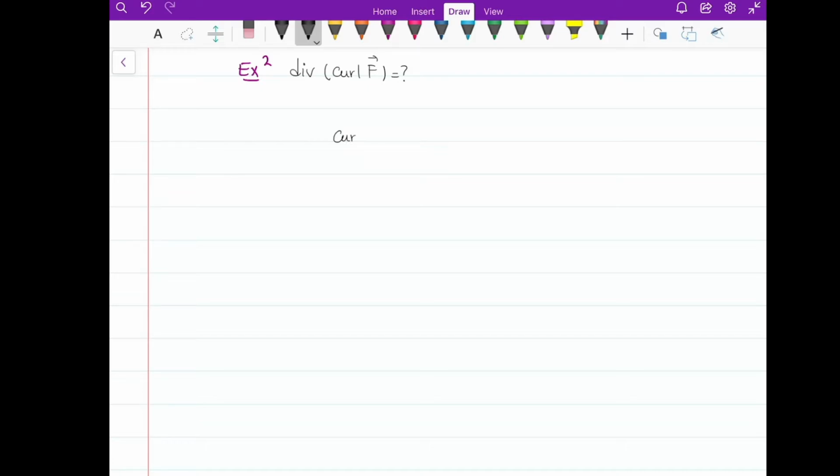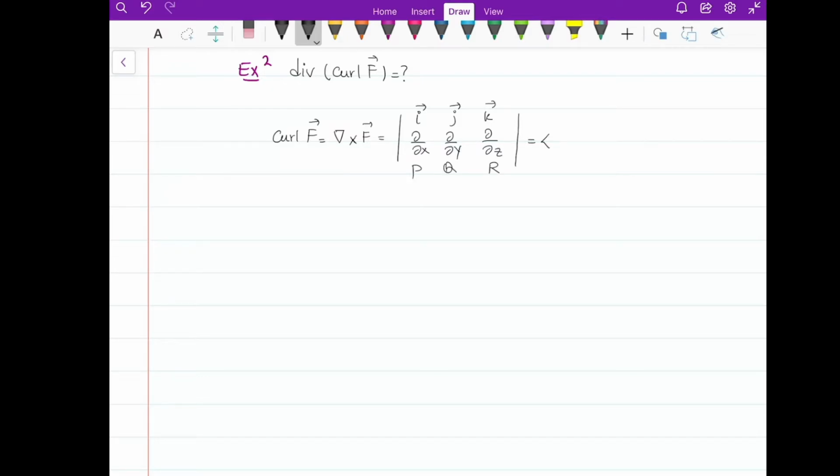So curl of a vector field F is determinant of this matrix ijk, the del operation, because curl is actually the cross product of del operation and the vector field F. So derivative with respect to x, with respect to y, and then with respect to z, of p, q, and then r.